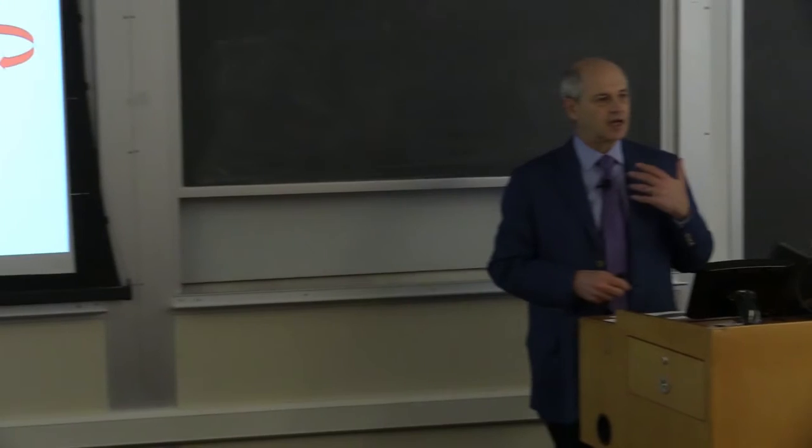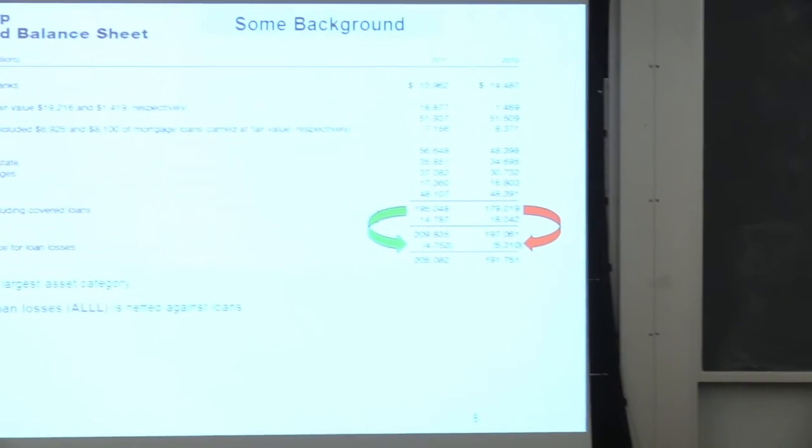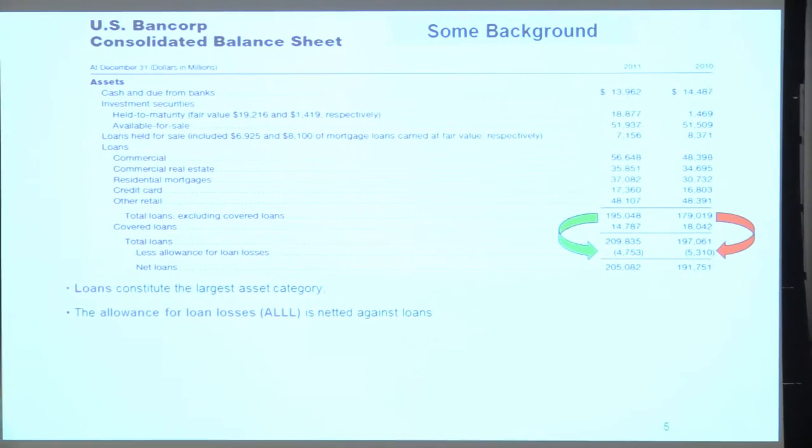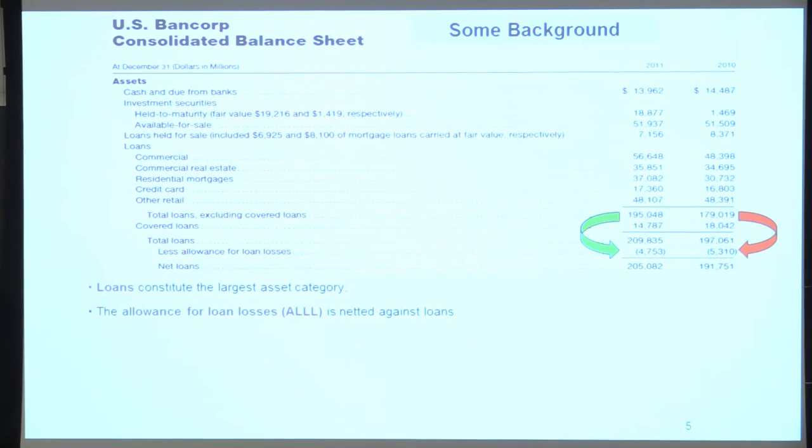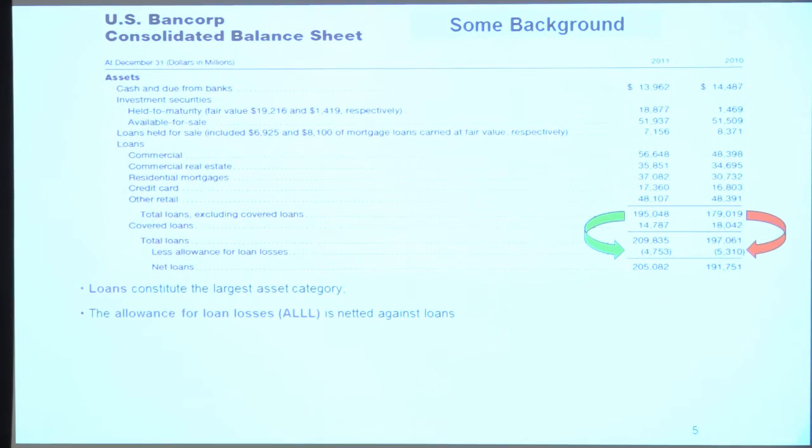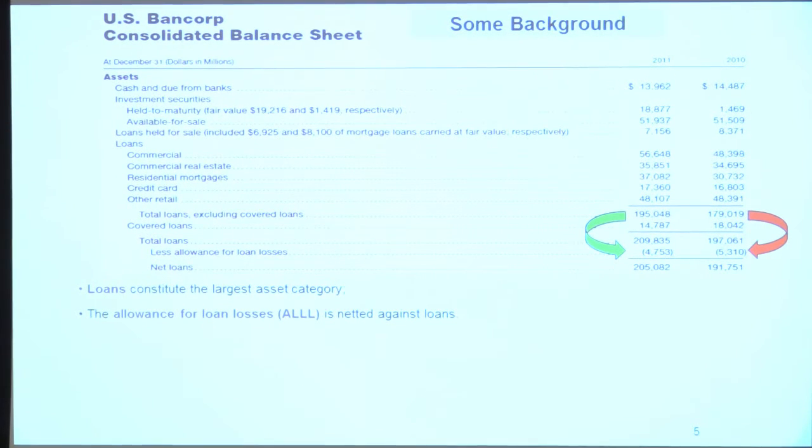This is an example of a US bank, which is essentially just a commercial bank. I'm giving you these time periods because it's in the transition from a crisis to so-called more normal times. And if you look at the assets, I'm using this also to define some terms that we're actually going to use in our analysis.